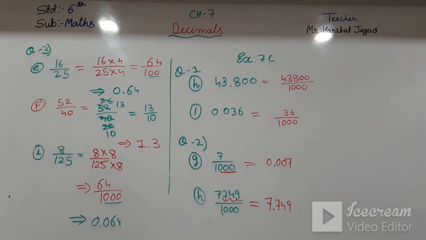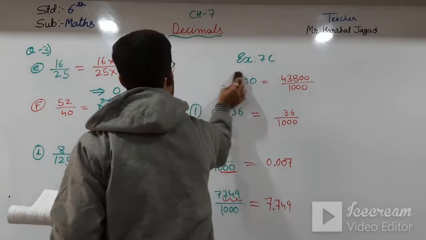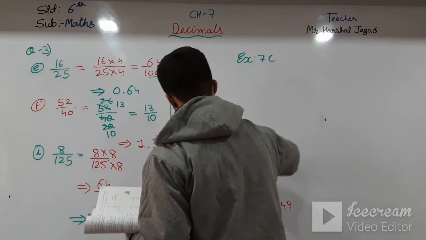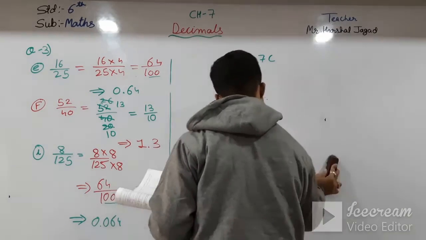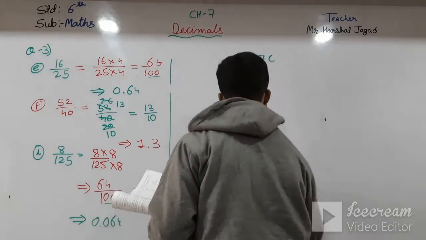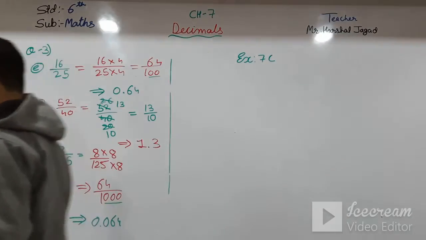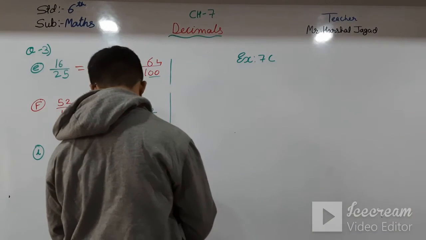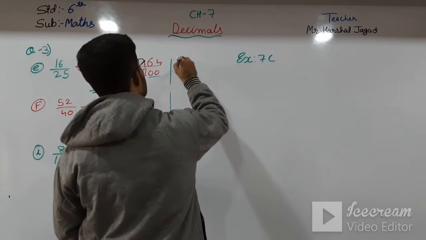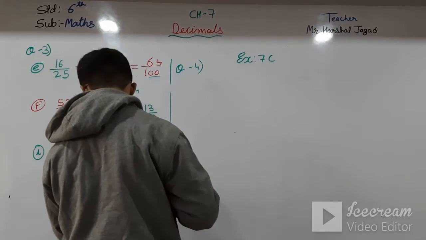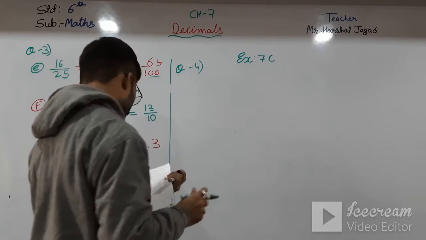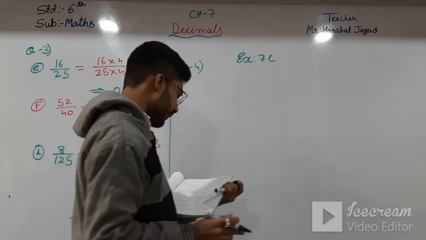Now doing question number 4 over this side. In that, convert the following fractions to decimal by the long division method.